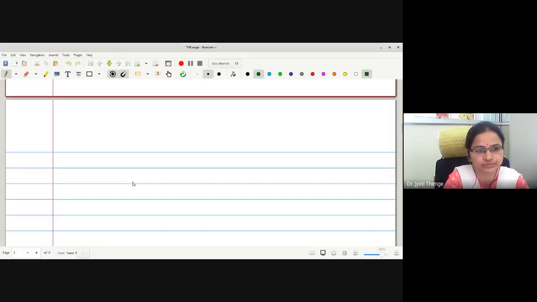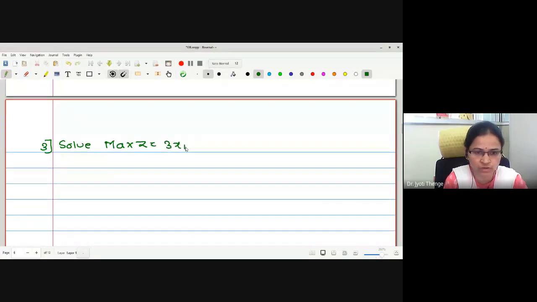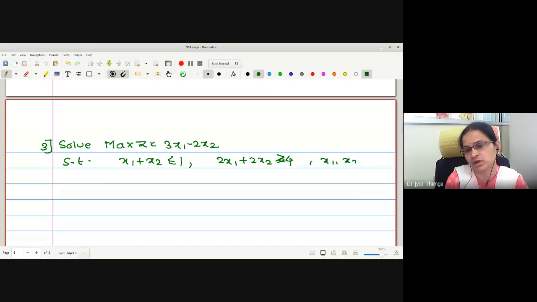Example number 3. Again solve. Maximize z equal to 3x1 minus 2x2 subject to the constraints x1 plus x2 less than or equal to 1, 2x1 plus 2x2 greater than or equal to 4, and x1, x2 greater than or equal to 0.